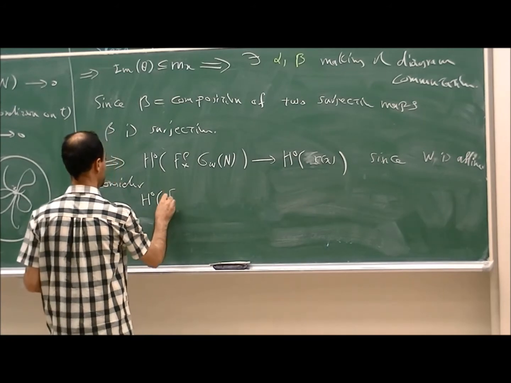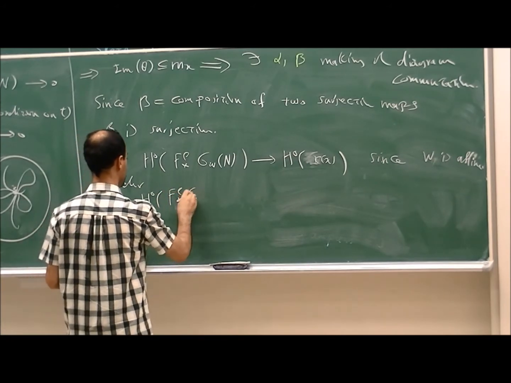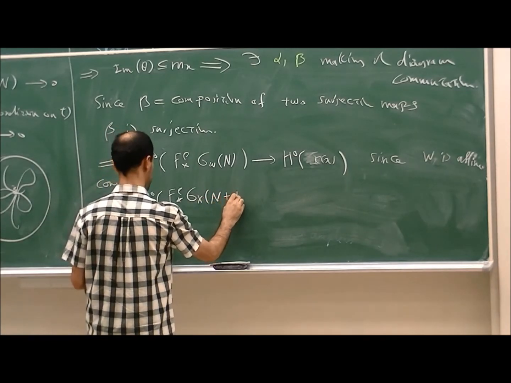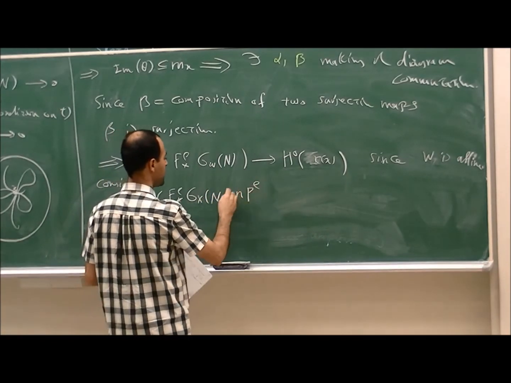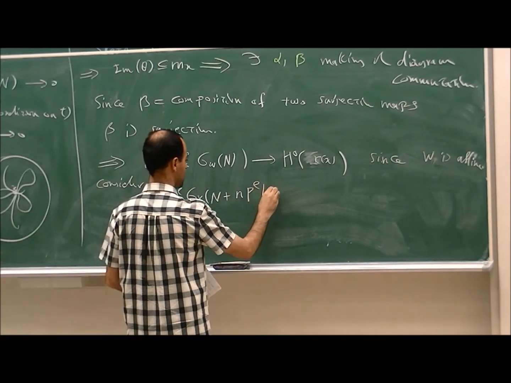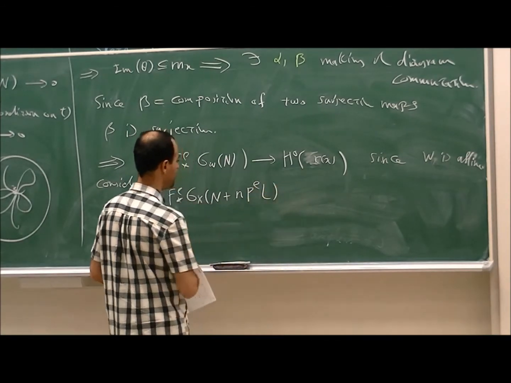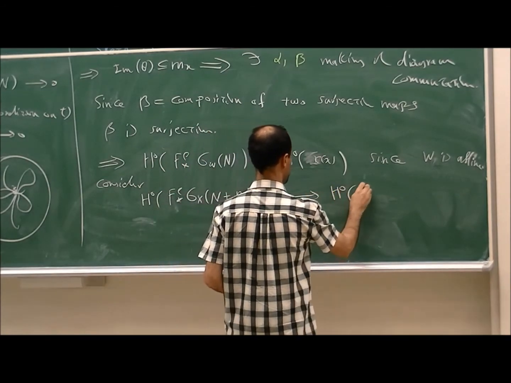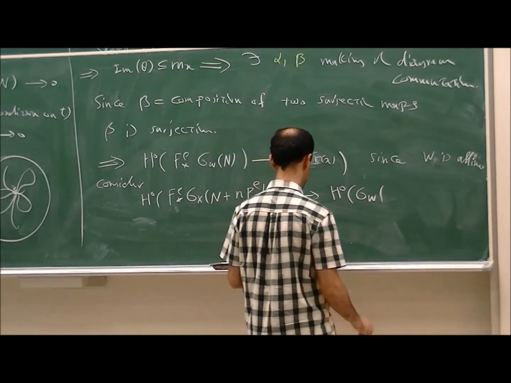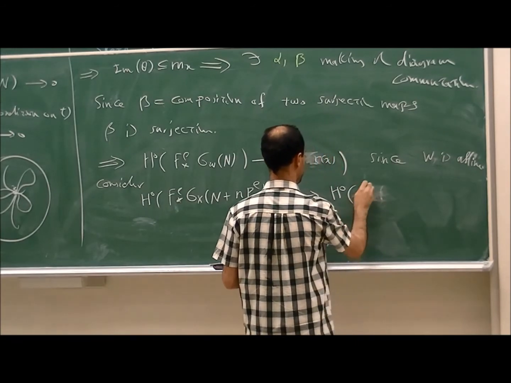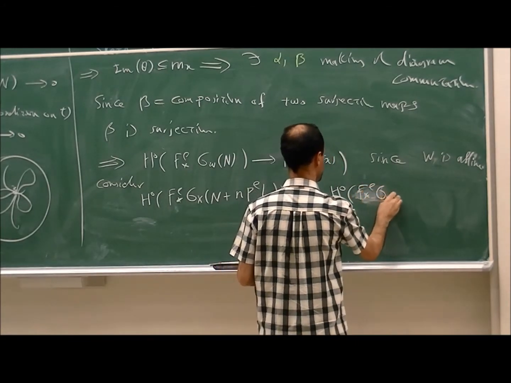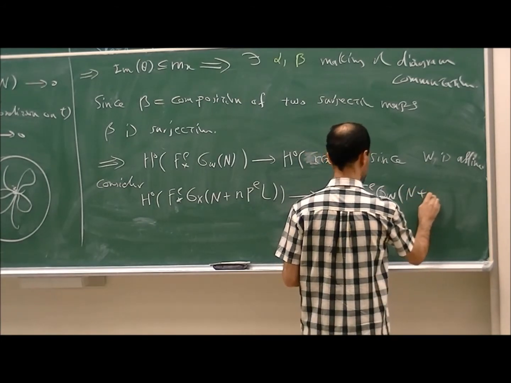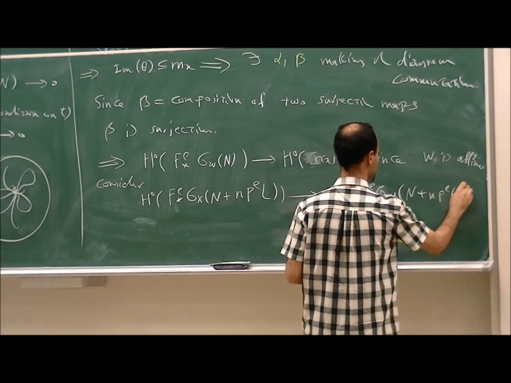So I have H0 of F^e_* O_X. I'm adding n times, but n is some fixed number, and then I tensor with L. And then I have a natural map to W pushed down by Frobenius, where you need to tensor again with nL.